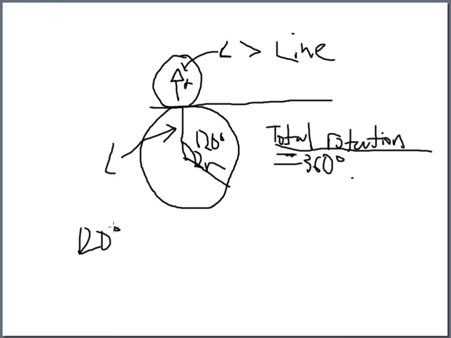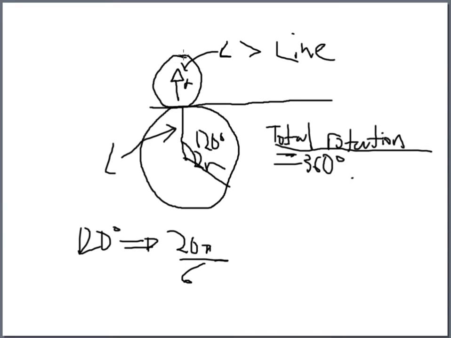So 120 degrees is going to give you an arc length of 40 pi over 12, which is equal to 20 pi over 6.